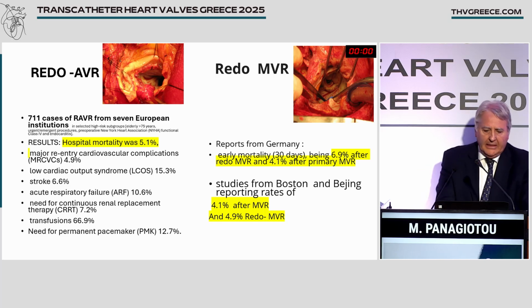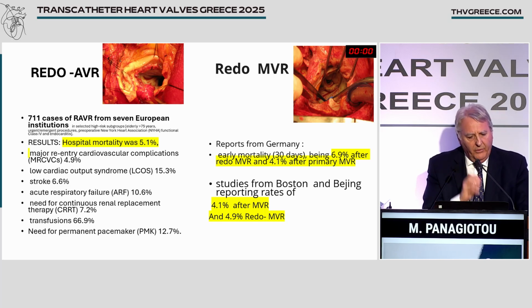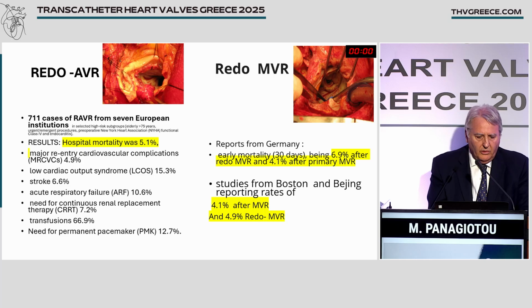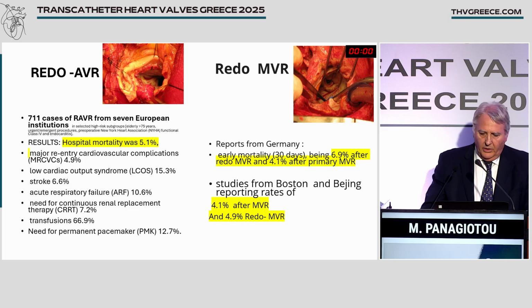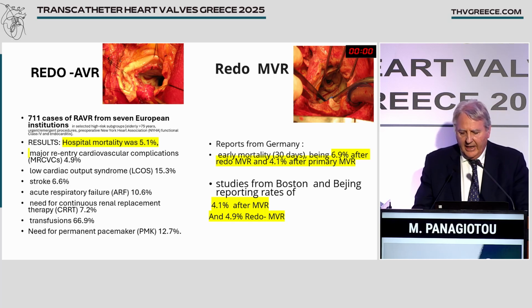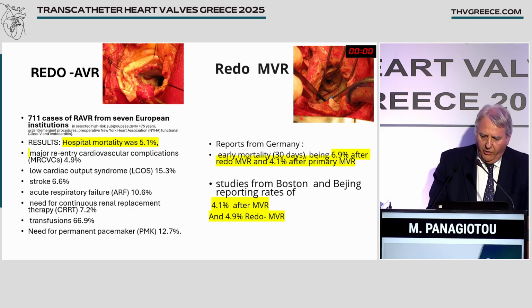These are results in comparison with the redo in the general population of redo AVR for many reasons, for many indications. Redo AVRs in Europe, it's 5.1%, and redo MVRs, it's between 4.9 and 6.9%.